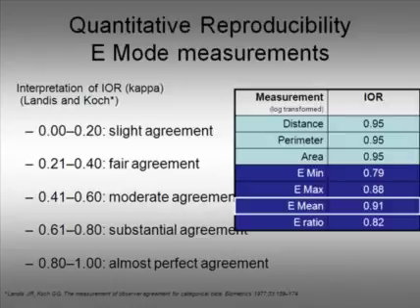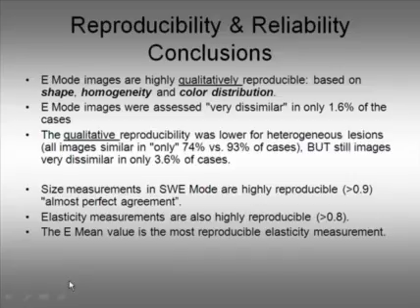And again, here's the quantitative reproducibility. This was the reproducibility of the quantitative measurement itself, and it was almost perfect agreement. From this so far, it appears as though shear wave elastography is in fact user independent and highly reproducible.